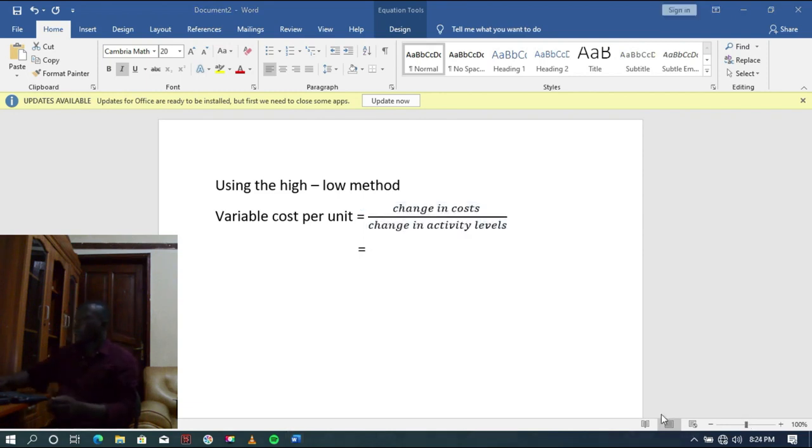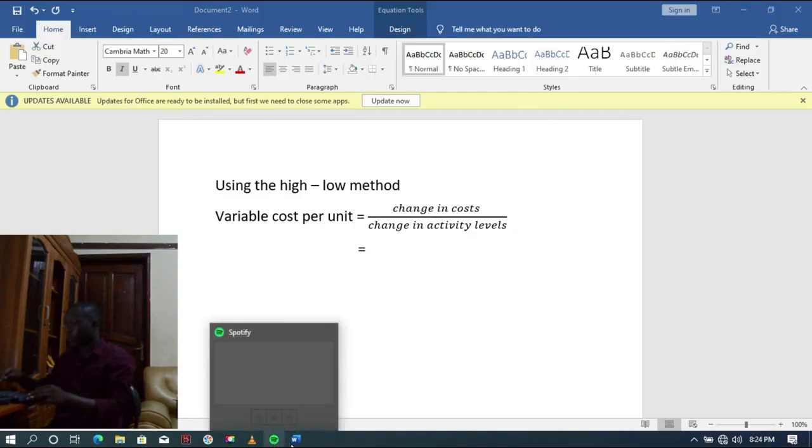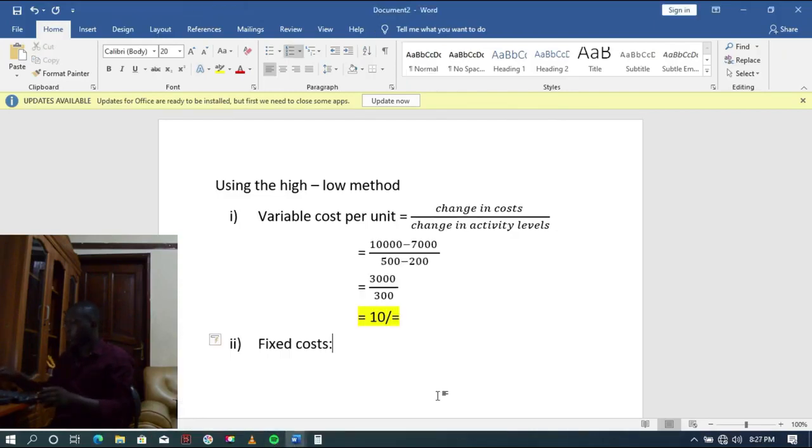So 3,000 divided by 300, we get 10 shillings.